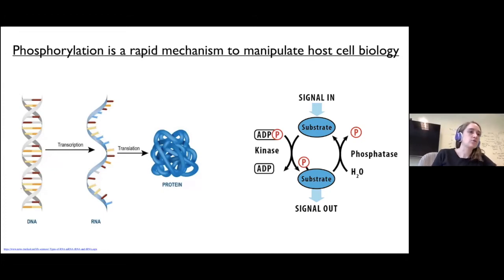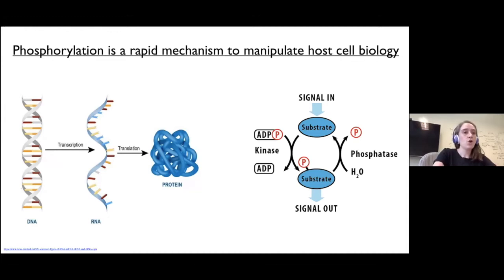Unlike transcriptional or translational regulation, phosphorylation is a very rapid and reversible mechanism to quickly modulate the host. This can be crucial for the virus to quickly modulate the host towards its own benefit, but also allows for the host proteome to rapidly combat the viral infection. So this is one reason that phosphorylation signaling is very important in viral biology.